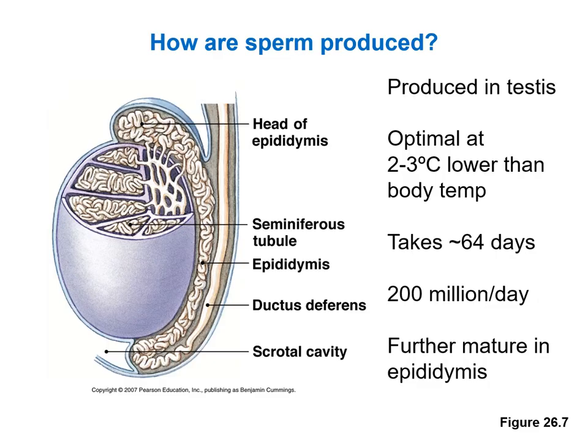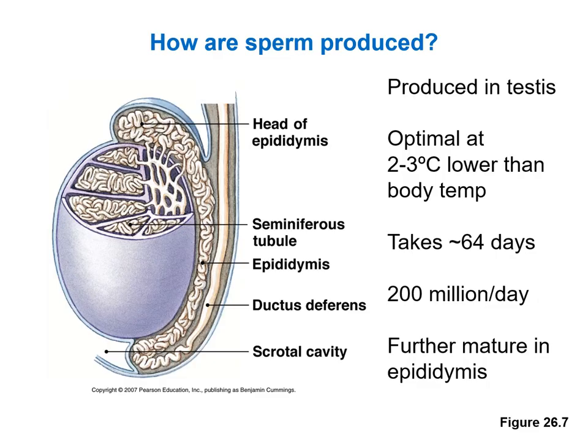There's also a complex capillary network in this region that also cools down the testes. I'm not going to go into that in too much detail, but the point is that in order for sperm to be healthy and produce optimally, we want a temperature that's a few degrees lower than body temperature. So while normal body temperature is about 37 degrees, in the testes the temperature tends to be around 35 degrees.